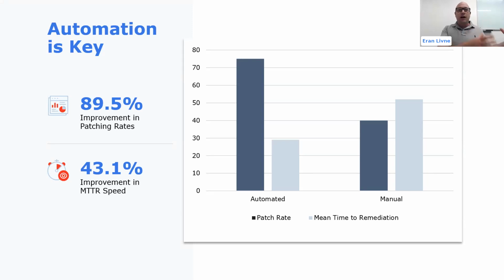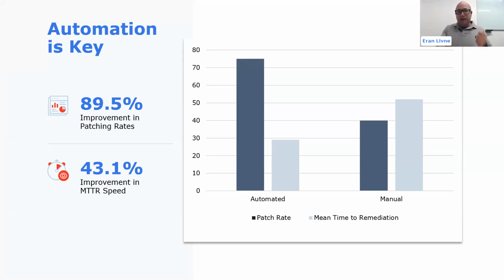So they are patching 89% more than the ones that are using manual. Automation helps you fix more problems and do it faster. That is the most important thing to remember from that slide. And that's based on 2022 data.